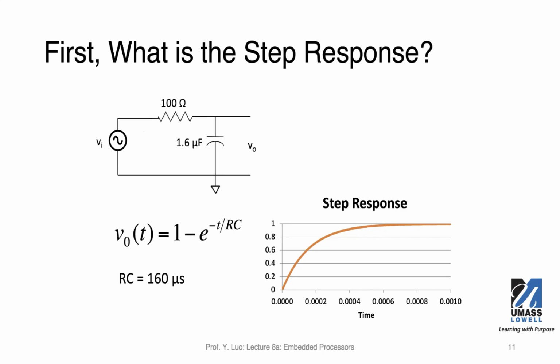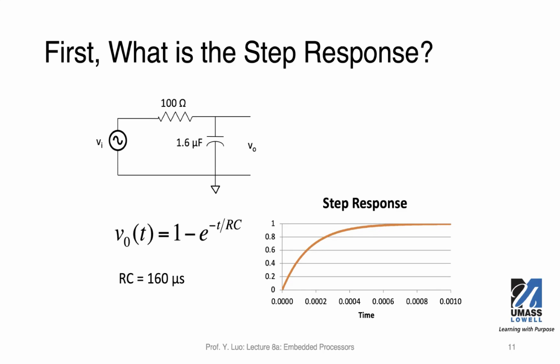At the very beginning, the voltage here is 0, and then it'll accumulate charges, and the voltage will gradually increase. As a result, the difference between this input and output is going to be reduced gradually, and then the current going through the circuit is reduced.